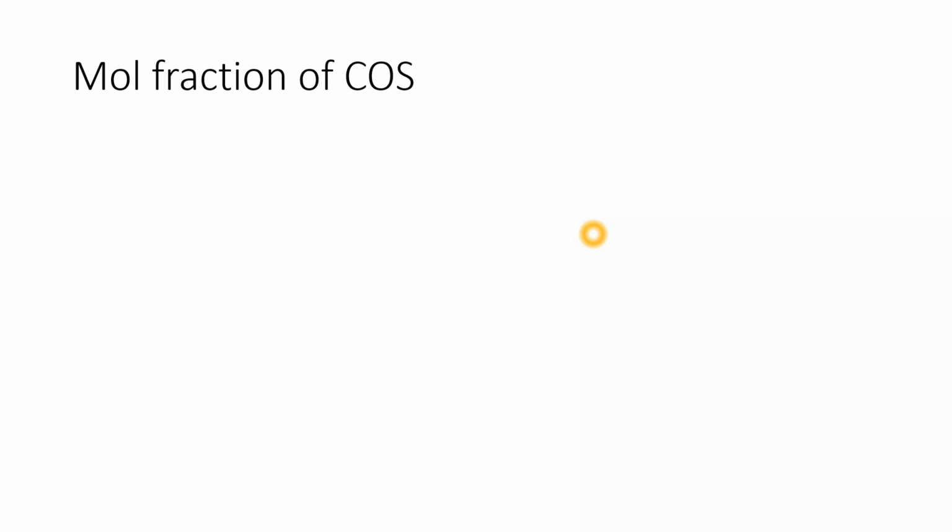If it is a product side, then it should be positive, but you know that initially COS is not present, so 0 plus epsilon we will write. Sorry, I was saying zeta, it is epsilon, 0 plus epsilon upon 5, so it will be epsilon upon 5.